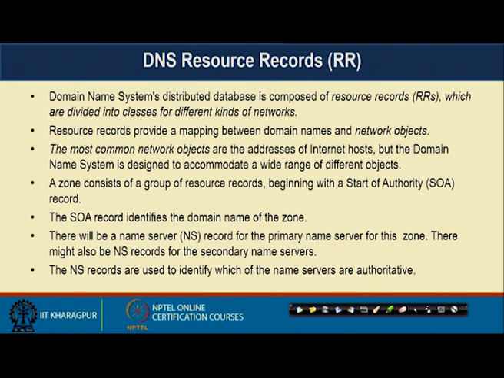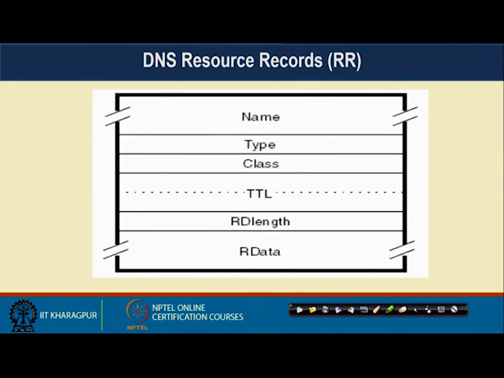There may also be NS records for the secondary name servers. The NS records are used to identify which of the name servers are authoritative. So, whether it is authoritative or non-authoritative is determined by this NS record, that is, whether it is itself maintaining the authority, or it is updated from some other name server.